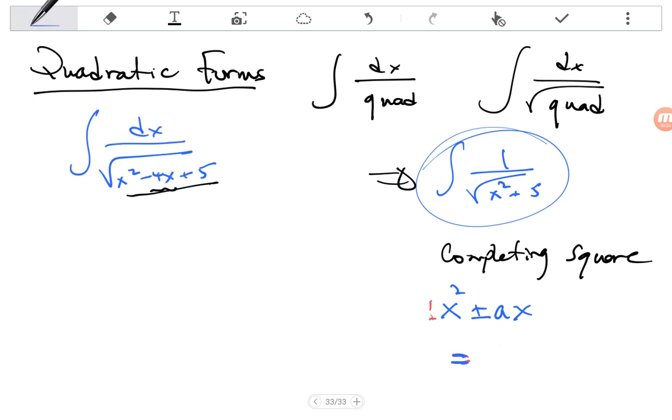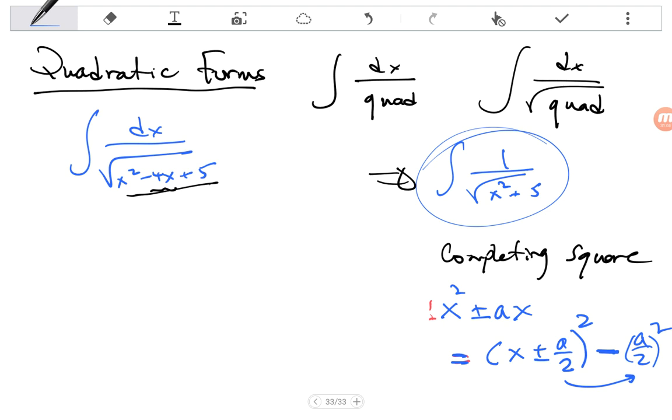The rule is: take this x with the same sign, take half of the coefficient of x, which is a over 2, all squared. Then minus, this is always minus, whatever was the sign here, it is always minus the squaring of that term.